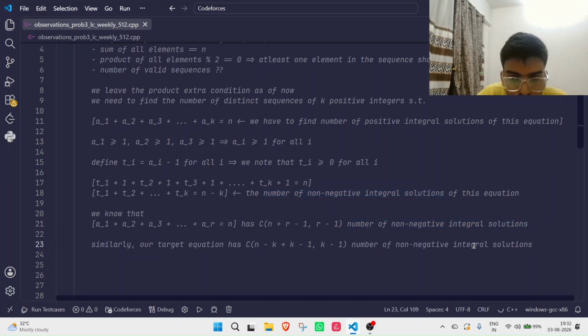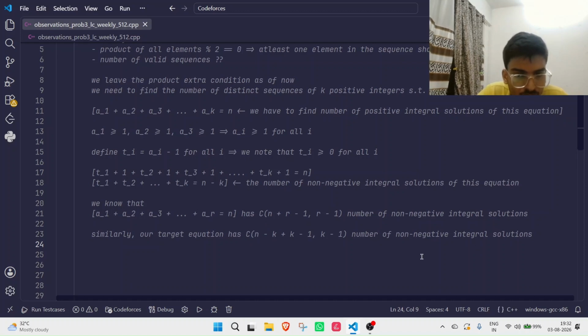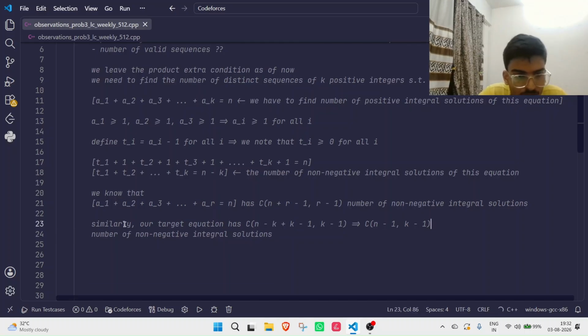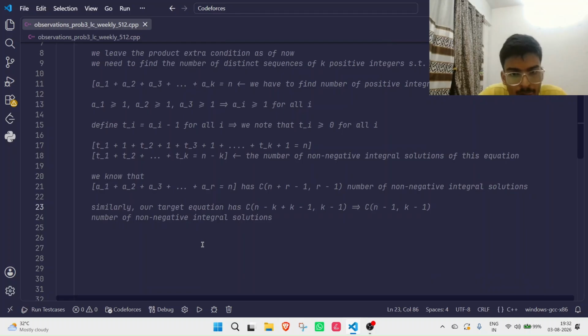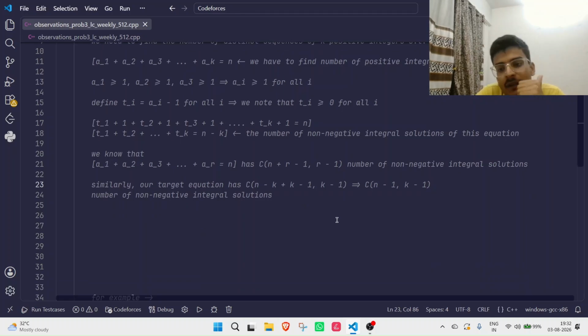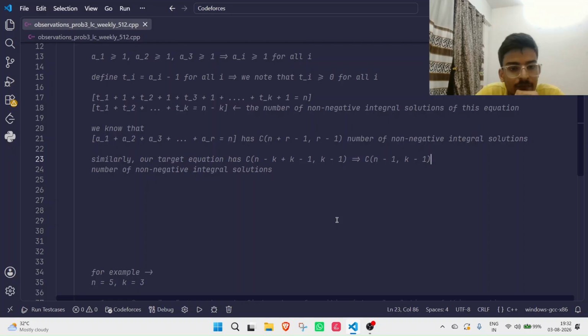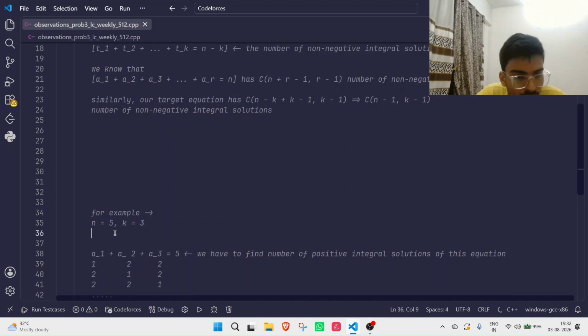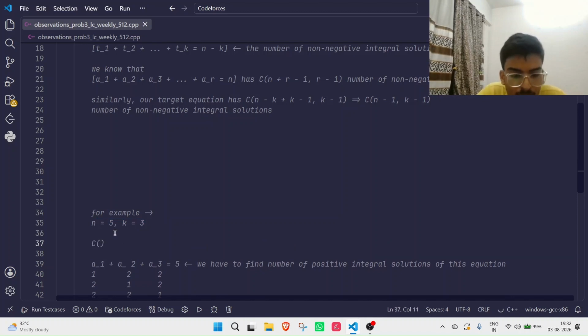This simplifies to n minus 1 C k minus 1, because these two get cancelled and minus 1 gives us the same number of non-negative integral solutions. So we need to find n minus 1 C k minus 1. We should get 6 for this one. n minus 1 is 4, 4C2 is 6.